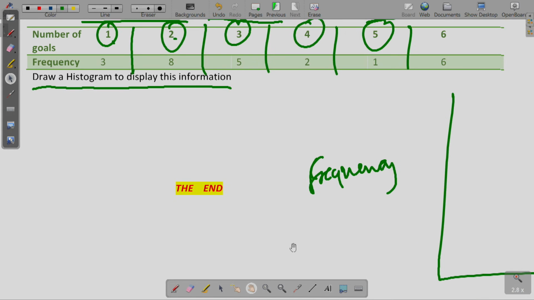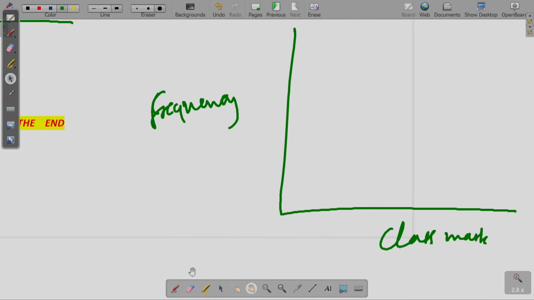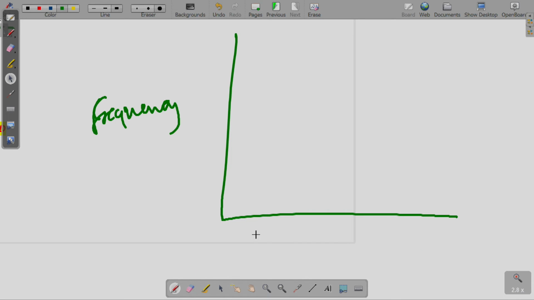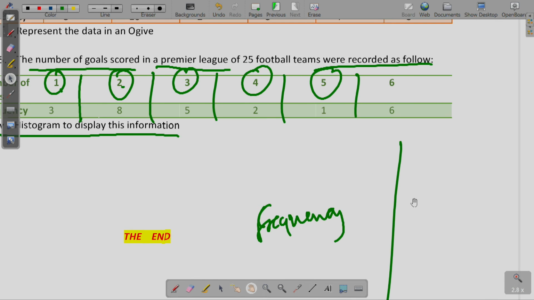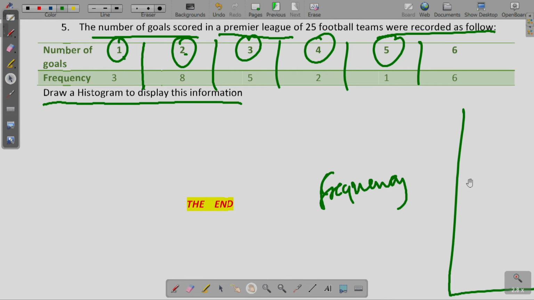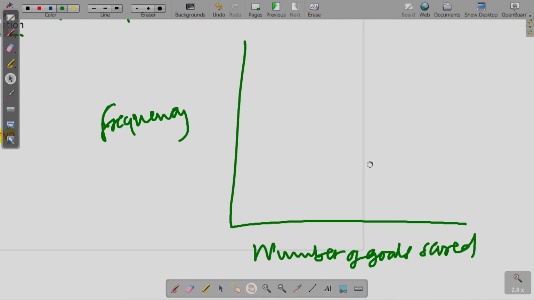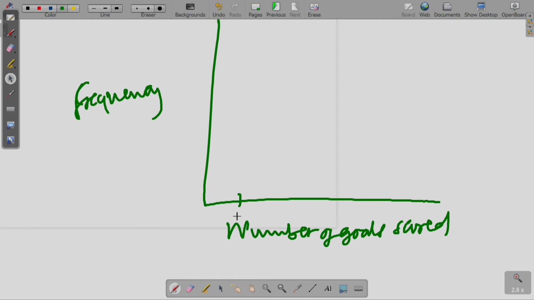So here, instead of writing class mark, I can write number of goals. So we have number of goals 1, 2 up to 6. So here 1, 2, 3, 4, 5, 6.